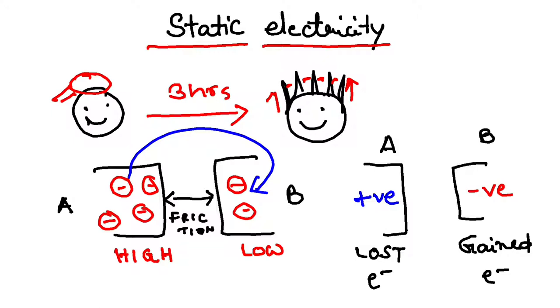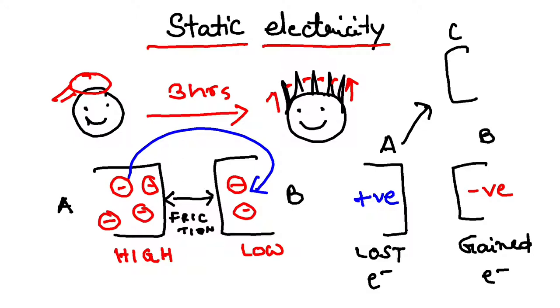Now, I am taking two examples only. In your surrounding, everything is colliding with everything else. That means the objects are continuously becoming positive and negative. This A will, for example, collide with another object C, and let's say C has a higher or lower concentration depending on the nature of C, and hence A may become negative again.